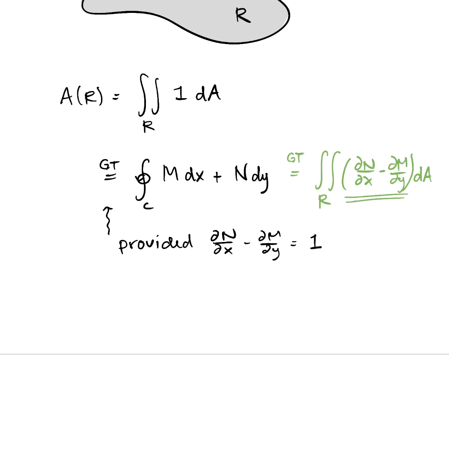That would be true by Green's theorem. Can you think of a vector field, anything you like, it's your choice, such that dN/dx, take away dM/dy, comes out to 1? Let's try and think of one.